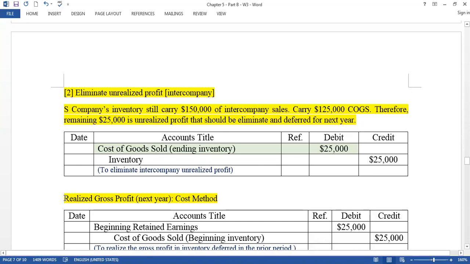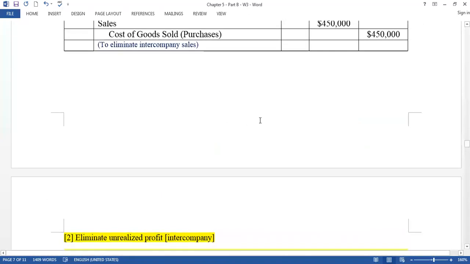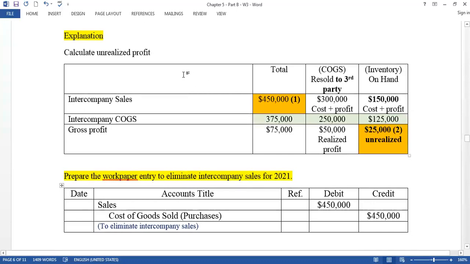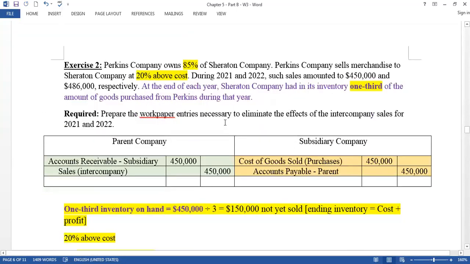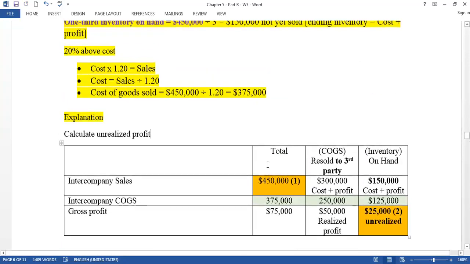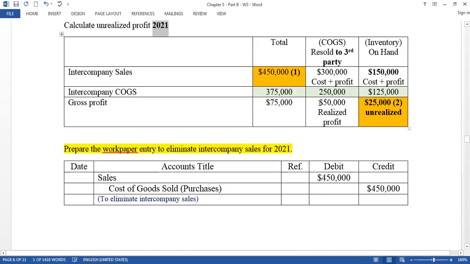And if you remember, I told you that at this moment, for example, this is 2021. Let me see the question. This is 2021. And in this year, $50,000 is realized, right? So total profit is $75,000.